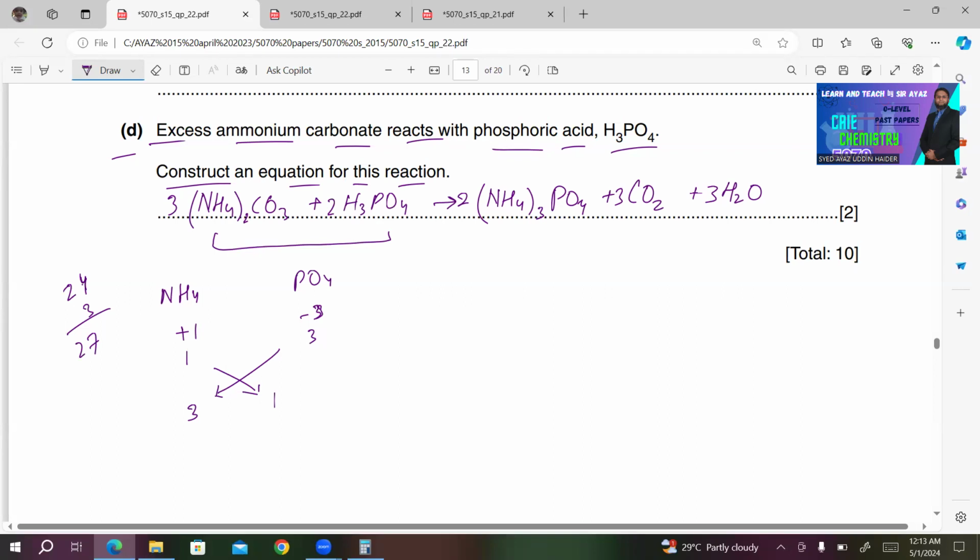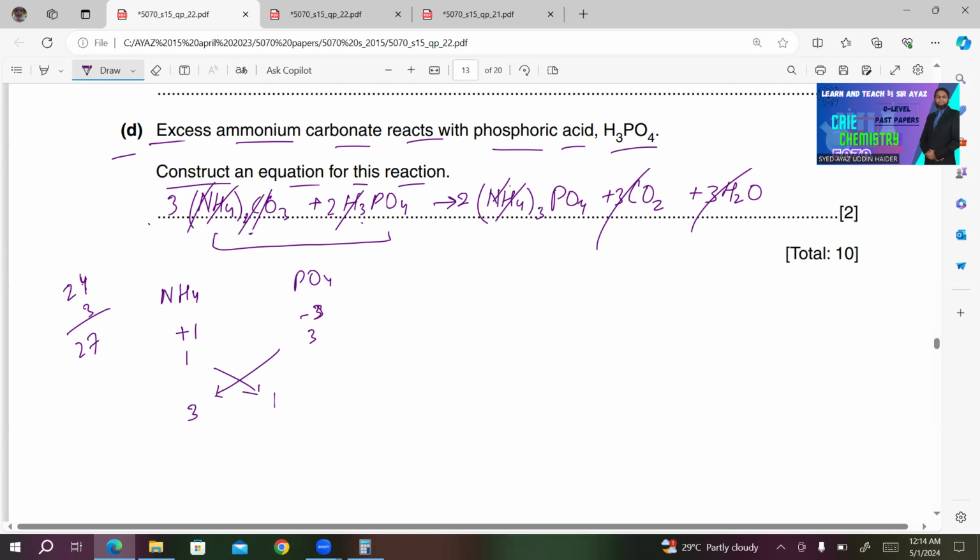Now this reaction looks balanced. Let's count the atoms. Nitrogen: 2 3s are 6 on both sides. Hydrogen: 4 2s are 8, 8 3s are 24, plus 2 3s are 6 makes 30. On the product side, 3 4s are 12, 12 2s are 24, plus 3 2s are 6 makes 30. Carbon: 3 on both sides.